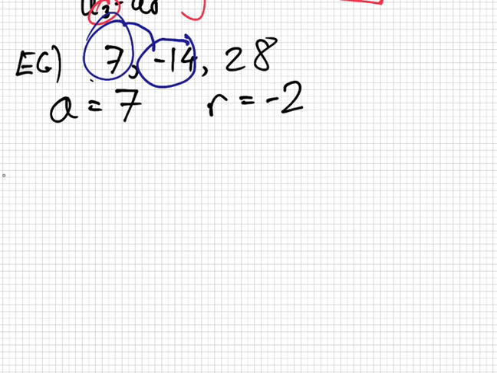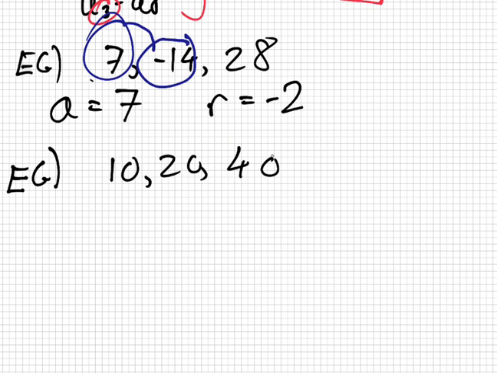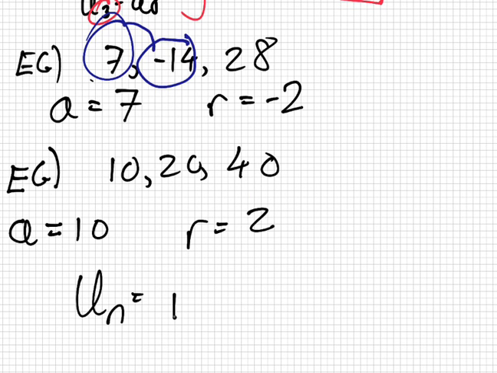Okay. Example now. So I want the nth term. So what does A equal? 10, and R? 2. So the nth term is A R to the n minus 1.